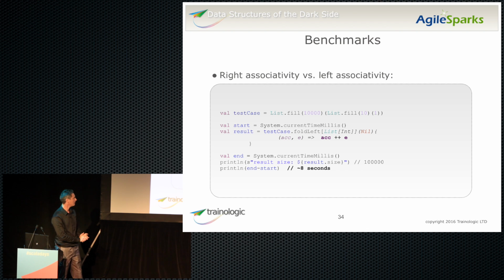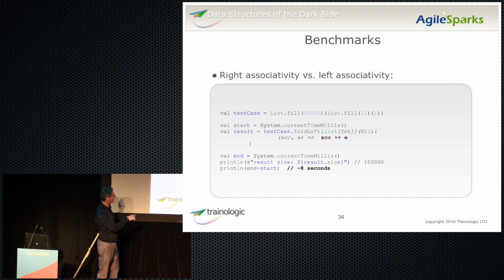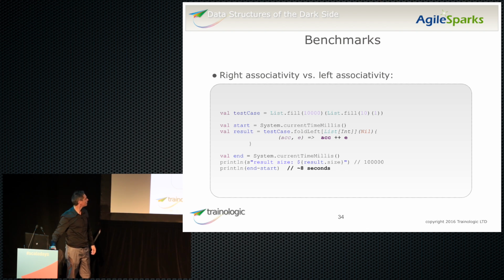Here is a benchmark. I'm having here a list of lists, and I'm using fold to append them. This is left associative appends. You see the accumulator is always appended to. This works on my computer in something like 8 seconds.